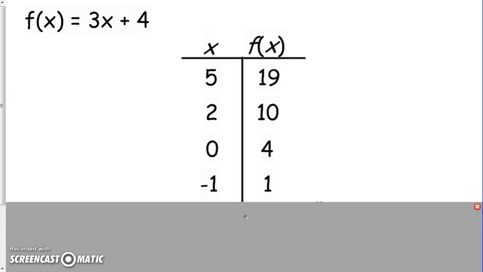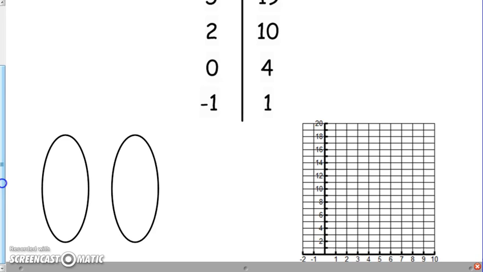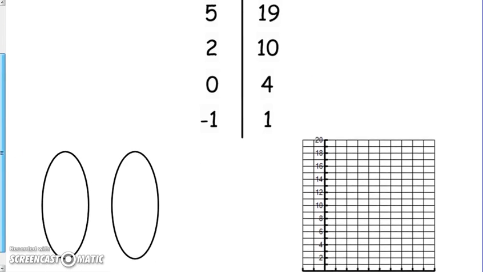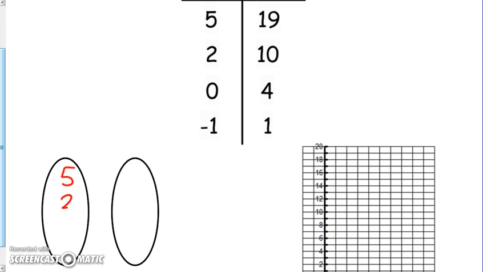So here's where we're going to go with the table and graph, mapping and graph, sorry. So we had 5, 2, 0, -1. We had 1, 4, 10, 19. 5 went to 19, 2 went to 10, 0 went to 4, and -1 went to 1.